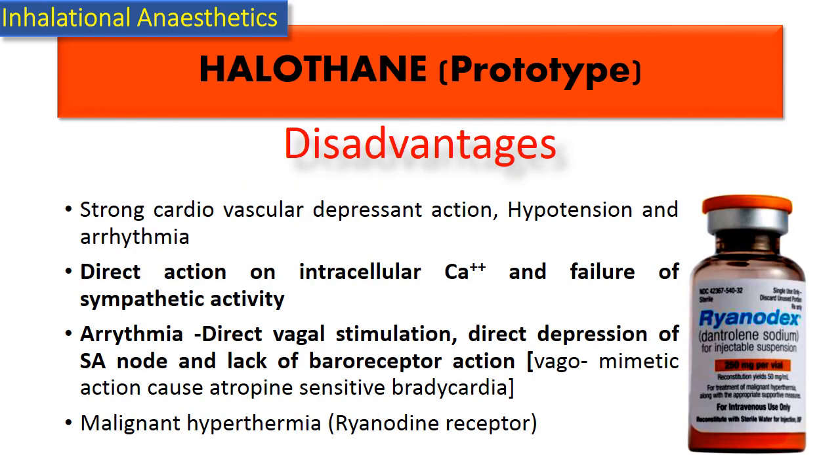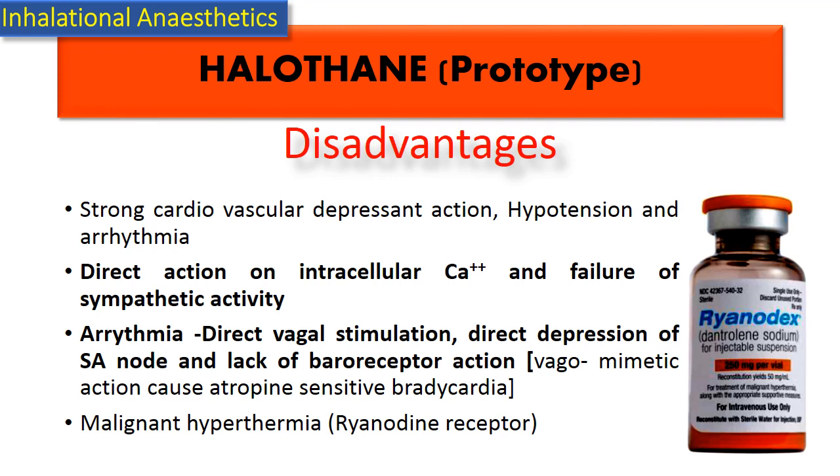There are also strong cardiovascular depressant actions, causing hypotension and arrhythmia. There is direct action on intracellular calcium ion and failure of sympathetic activity. It also causes arrhythmia, direct vagal stimulation, direct depression of SA node and lack of baroreceptor action.